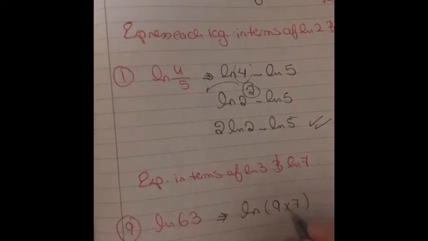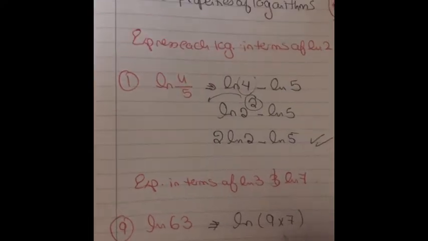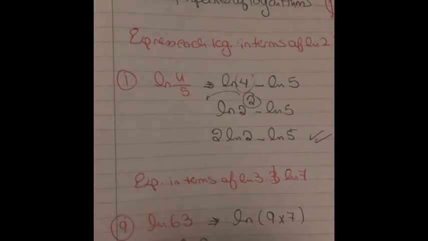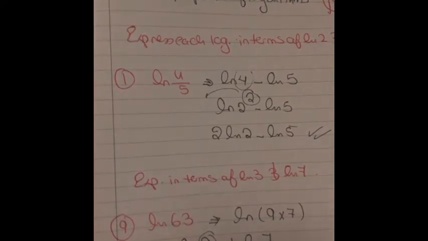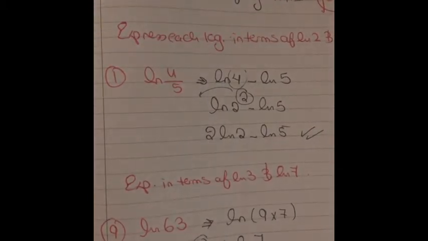And if I have a multiplication, I can change it to an addition. ln 9 plus ln 7. And this 9, I'm thinking of keeping it as 3 to the power of 2 plus ln 7. I will drop the 2 here, so 2 ln 3 plus ln 7. And here I expressed in terms of ln 3 and ln 7.